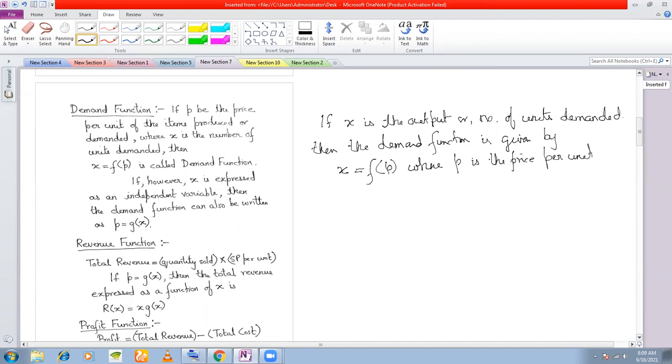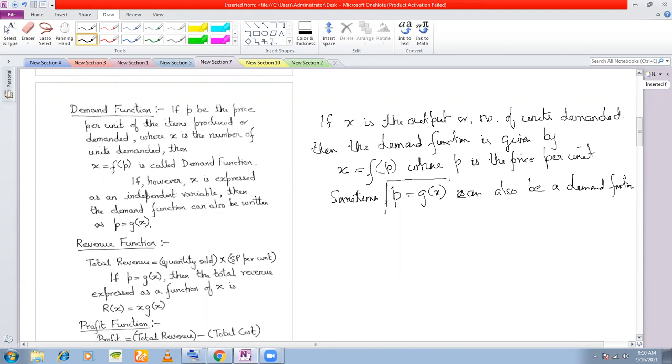Sometimes instead of expressing x as a function of p, p is represented as a function of x. So this is also a demand function. Whether x is represented as a function of p, or p as a function of x, in both cases you call it a demand function.